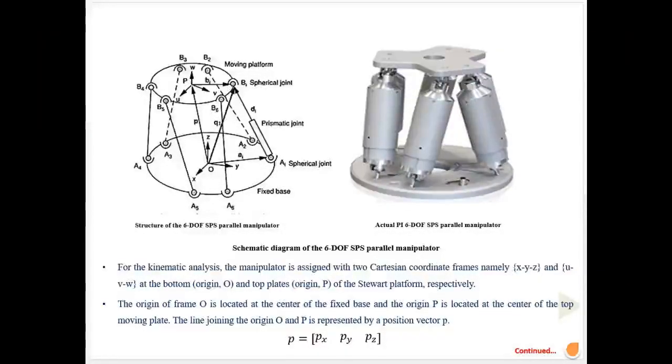Students, it is time to present the actual demonstration of Stewart platform. In our lab, the Physik Instrumente based Stewart platform is here. This platform is very precise and accurate.